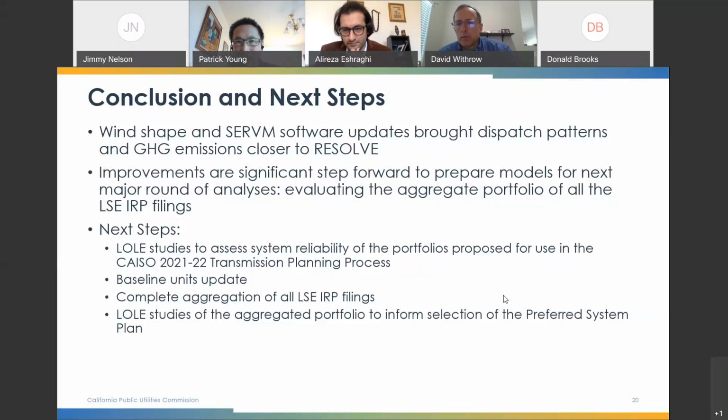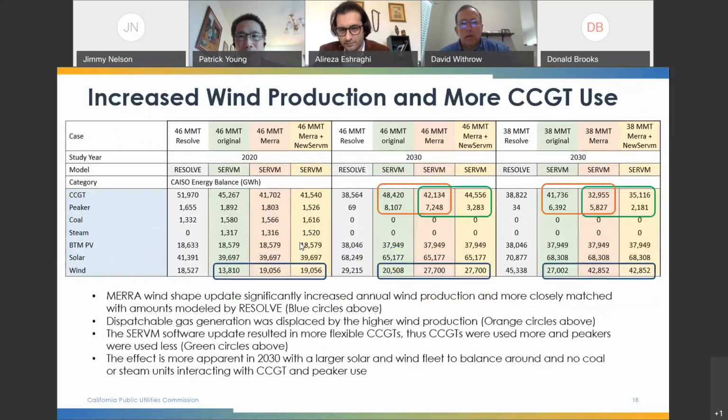Hey guys, this is Kevin Card with Eshraghi Consulting. We are the vendor for SERVM. Chase and I are working on some work for the IOUs. We had a question about the wind profiles. I believe these are the same ones that Donald posted in July on the CPUC website. Can you confirm that?